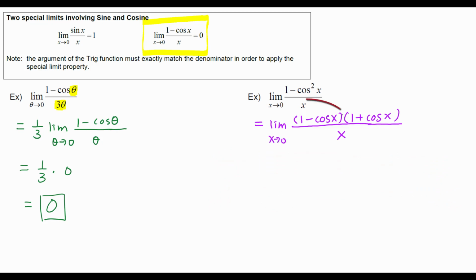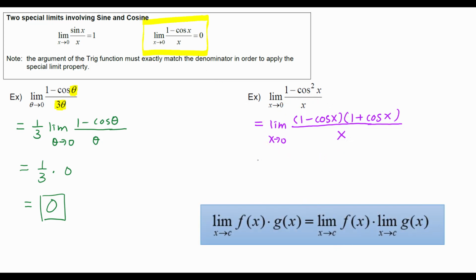And again, this part right here is the special limit that we know. So you can change this to a product of limits, and this is the limit as x approaches 0 of 1 minus cosine x over x times the limit as x approaches 0 of 1 plus cosine x.